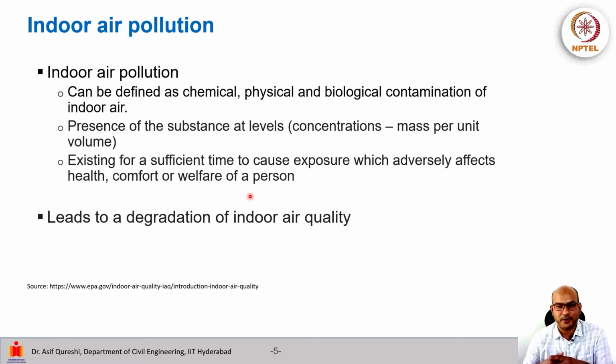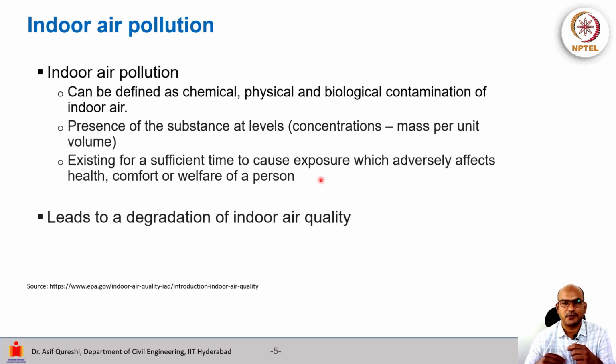So what is indoor air pollution now? Indoor air pollution can be defined as a chemical, physical and biological contamination of indoor air, which basically would mean the presence of a substance at levels, meaning concentration, mass per unit time, mass per unit volume, at that level for a sufficient time, very important, to cause exposure which can adversely affect the health, comfort or welfare of the person.